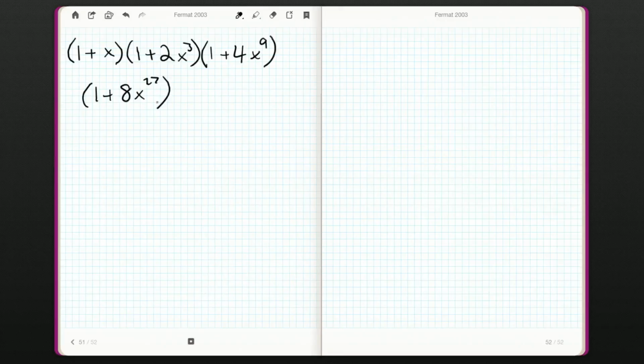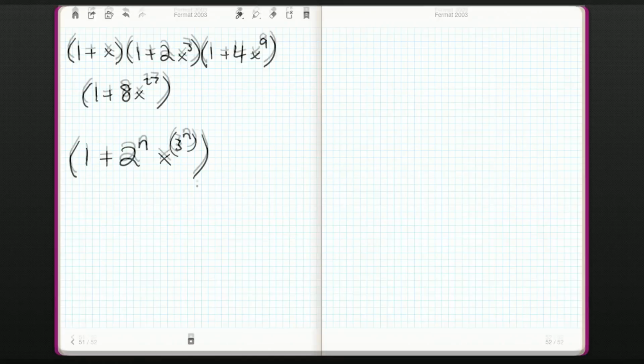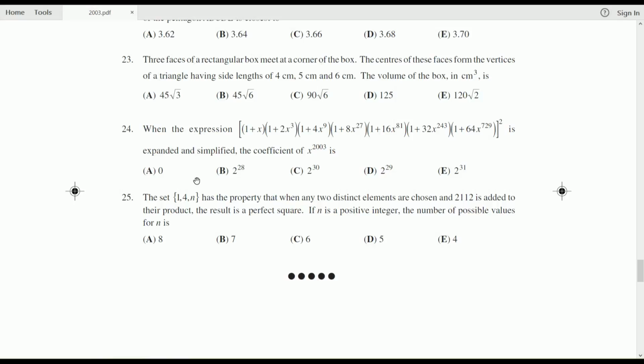And at this point, I would say the pattern is becoming kind of clear. In general, each of these terms is 1 plus 2 to the something, x to the power of 3 to the something. And we go all the way up to, I think, 729. So that's 3^6.